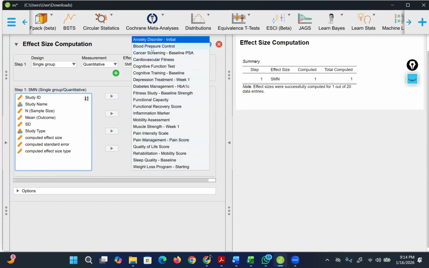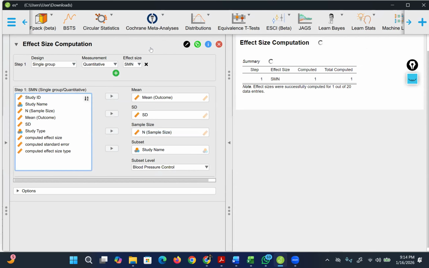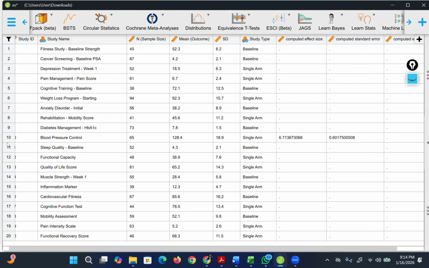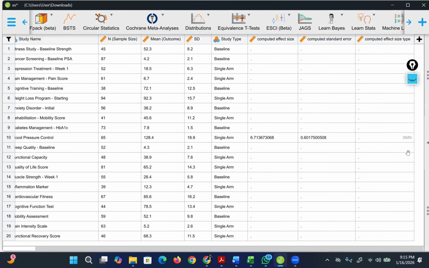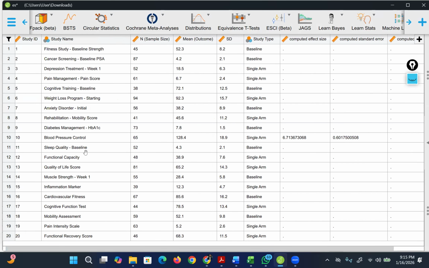If I say blood pressure control, if I calculate the blood pressure control, another effect size will be calculated. Look at the blood pressure control. You see the blood pressure control effect size is calculated.